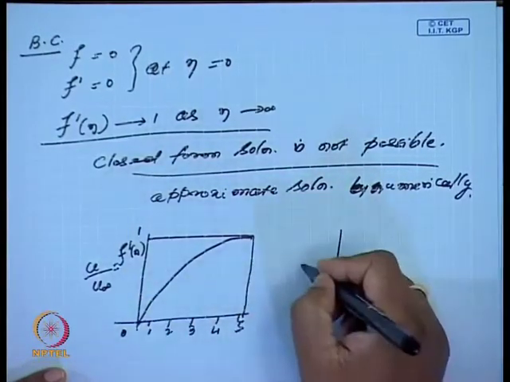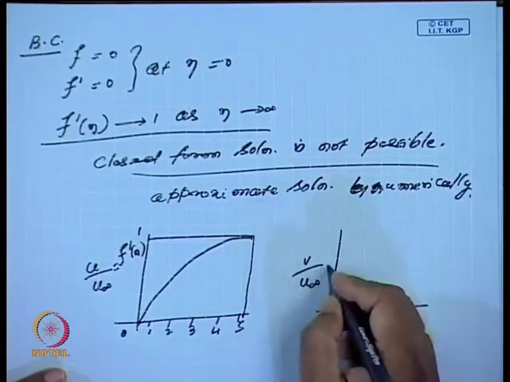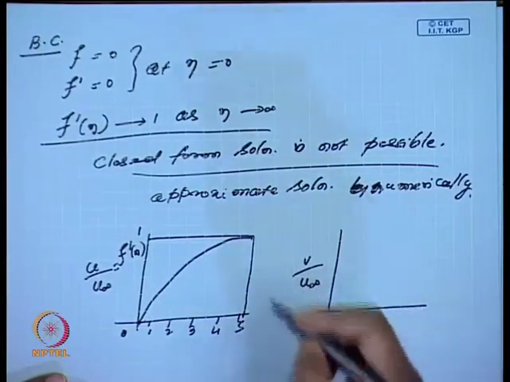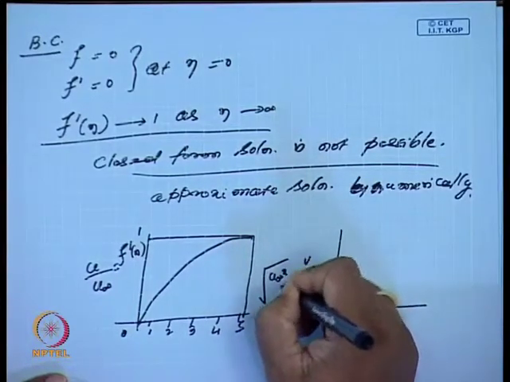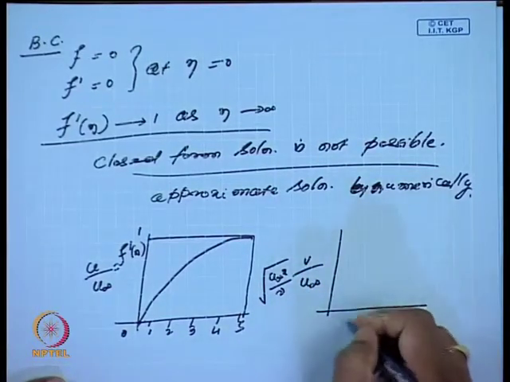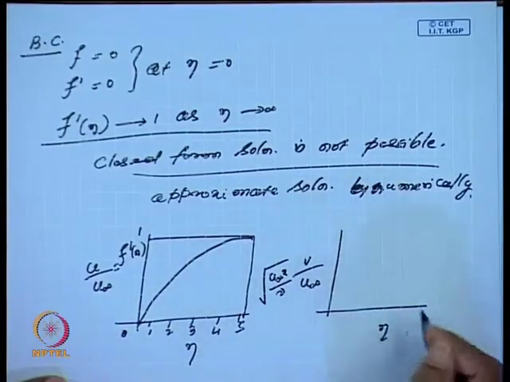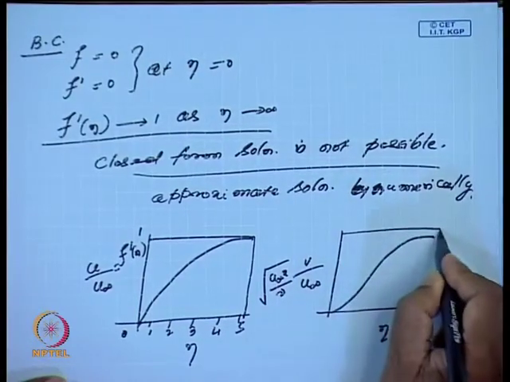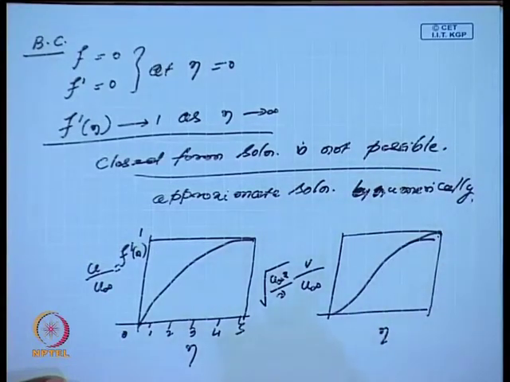On the other hand, if I look at the transverse flow, v by u infinity into root over u infinity x by nu, with eta on this axis, the flow will be also like this.